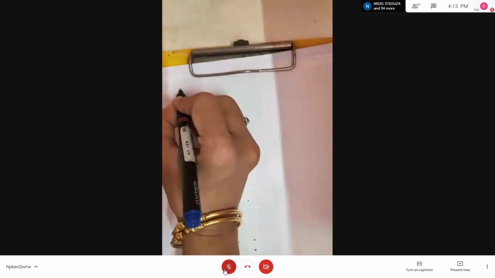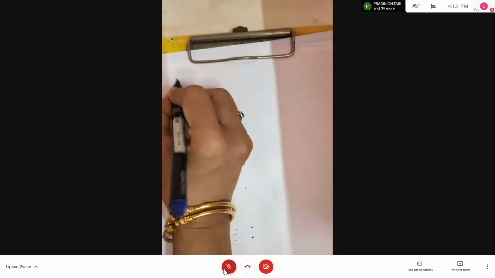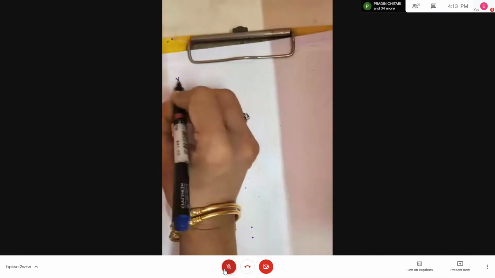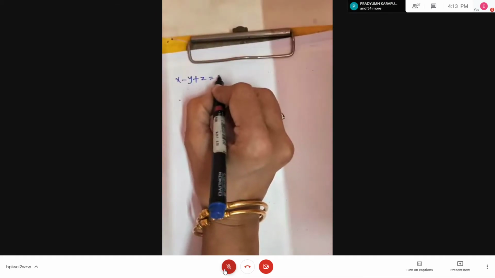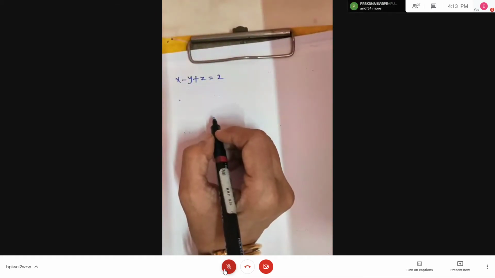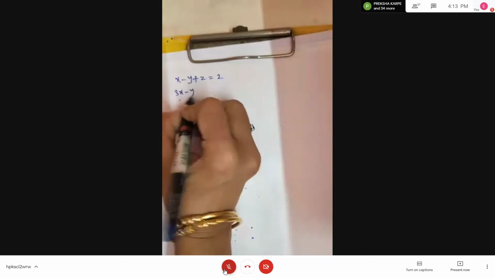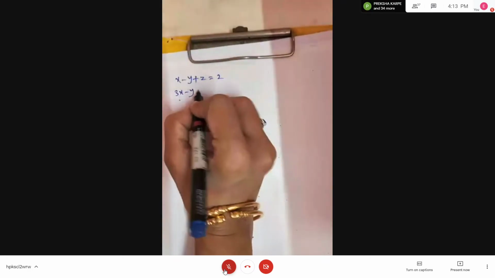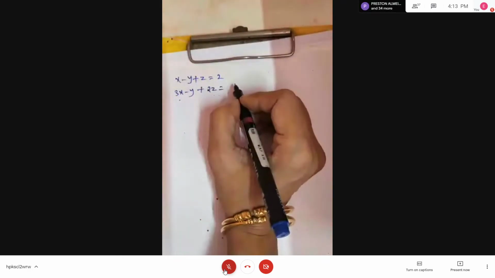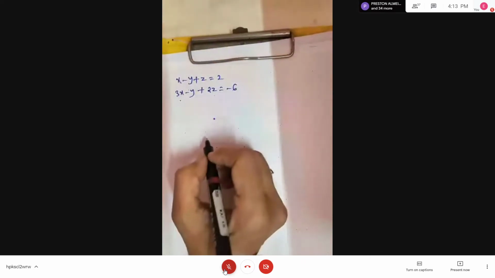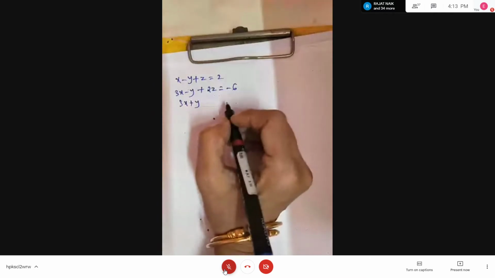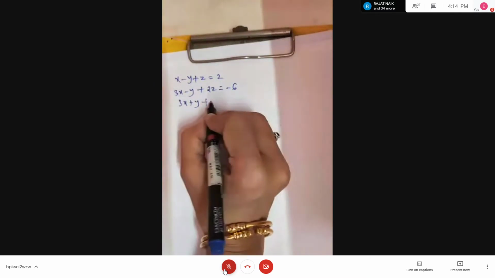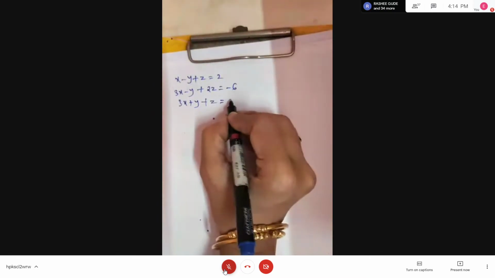Okay, so the equations are like this. x minus y plus z is equal to 2, 3x minus y plus 2z is equal to minus 6, 3x plus y plus z is equal to minus 18.